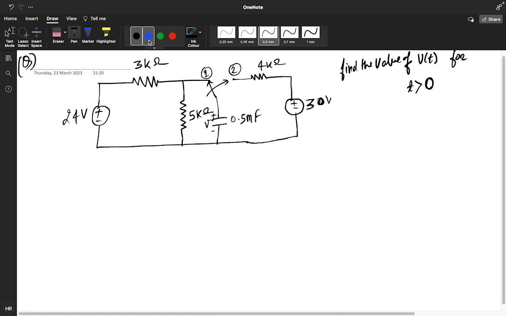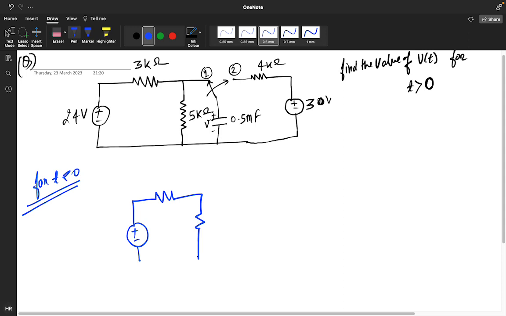So if you see the circuit for t less than 0, our circuit will look like this: 24 volt, 3 kilo ohm, 5 kilo ohm, and that is your capacitor. So what will happen with the capacitor?